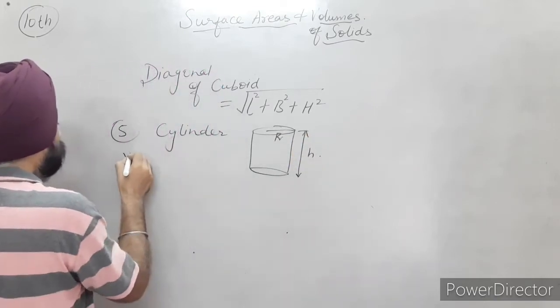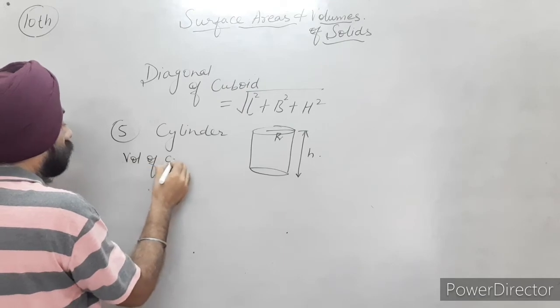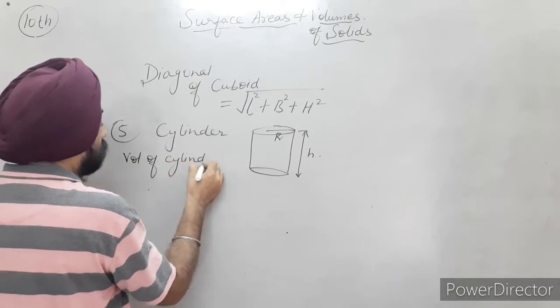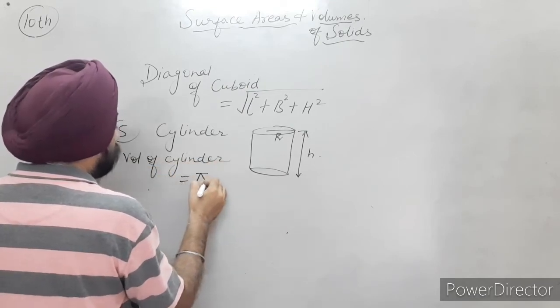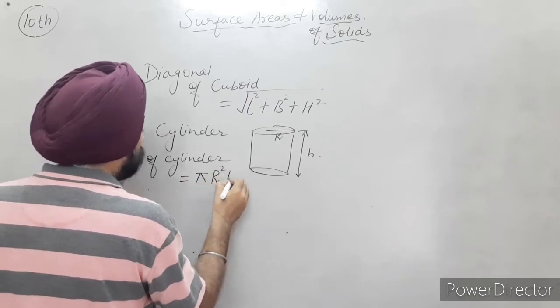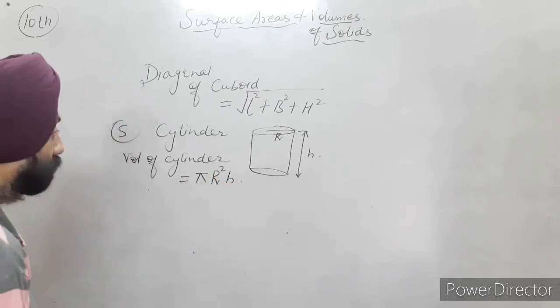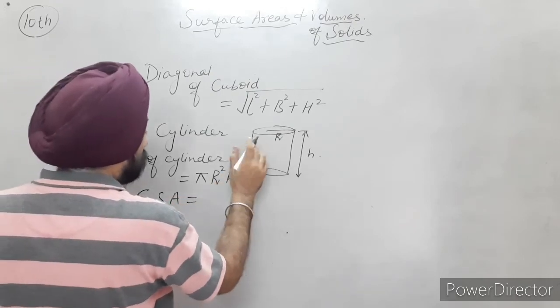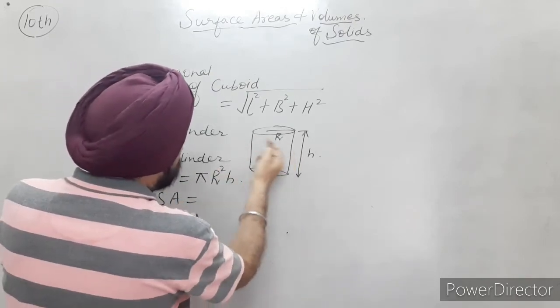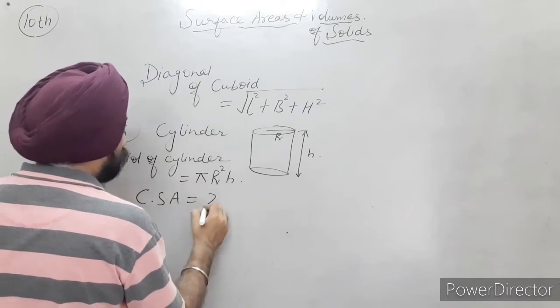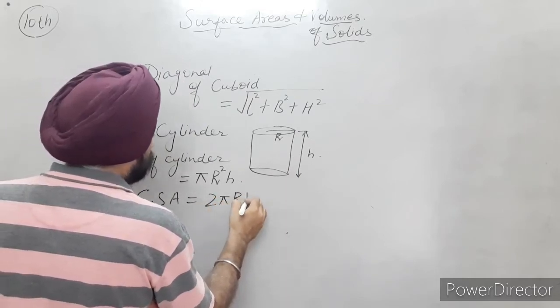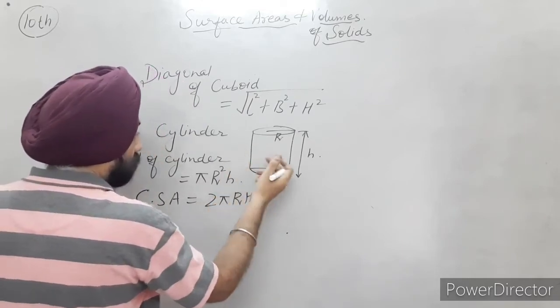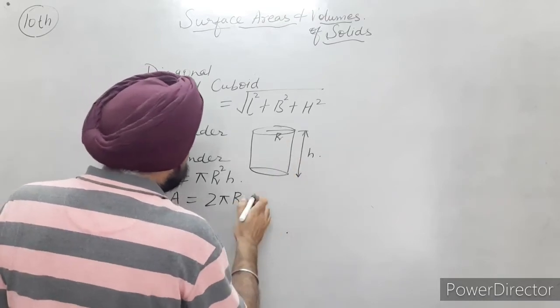The volume of the cylinder is pi radius square into height. Curved surface area of the cylinder, the round part, is 2 pi r into h, the circumference multiplied by the height.